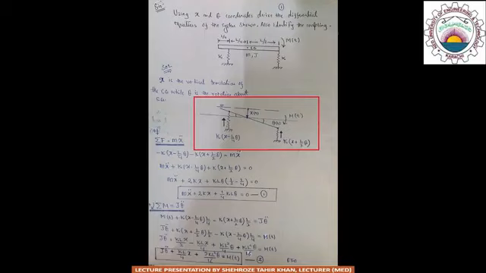First we consider the translatory motion of the bar, that is summation F is equal to m x double dot, and by using the free body diagram it is clear that the summation of F is equal to minus k into (x minus L by 4 theta) minus k into (x plus L by 2 theta), which is equal to m x double dot.